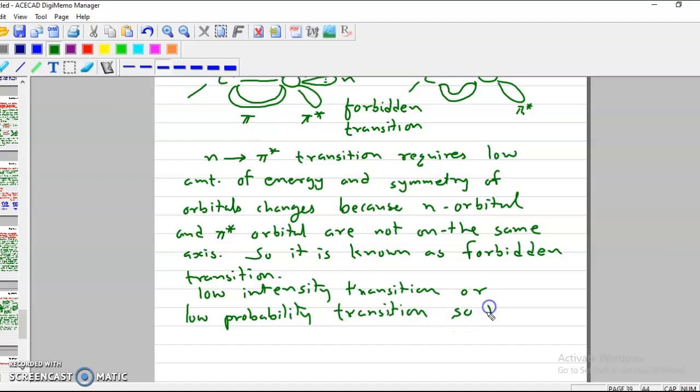So the value of epsilon, that is molar extinction coefficient, would be less than 10 raised to 3.